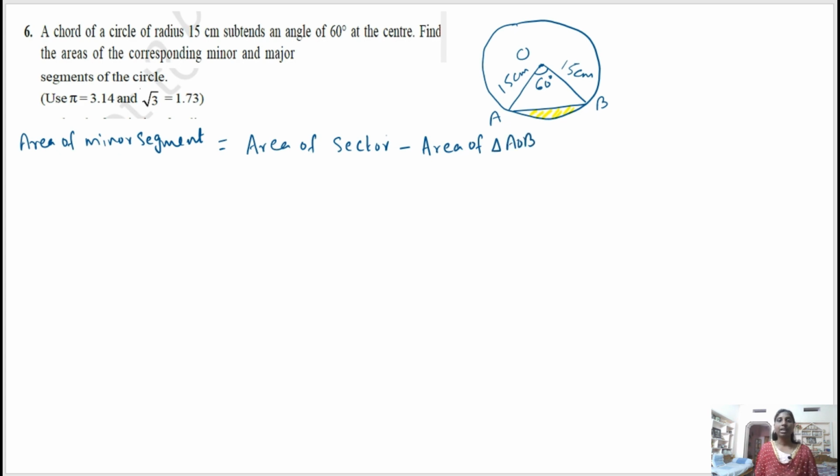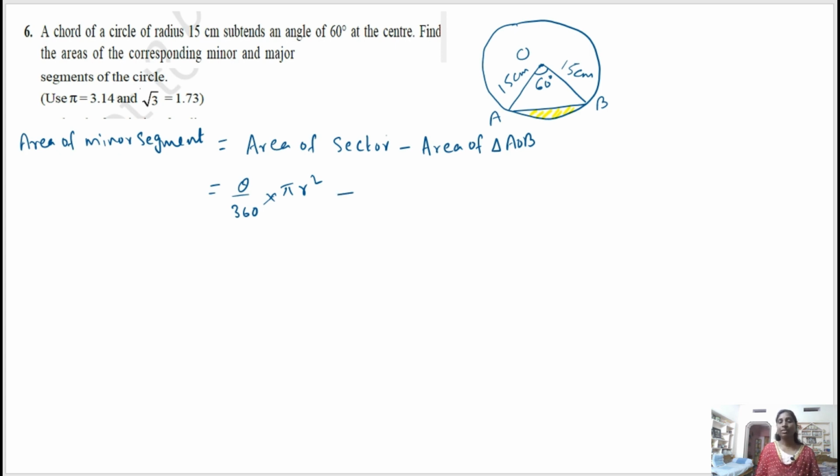If we subtract area of triangle AOB from the area of the sector, then we will get the area of the minor segment. So what is the formula for area of sector? Theta by 360 into pi r square. And minus area of triangle AOB.